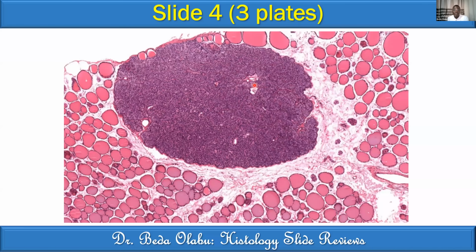So from this magnification, the thing that stands out first is that you can see a cluster of deeply staining cells organized in an ovoid pattern. That's one. And two, that ovoid cluster of deeply staining cells is adjacent to the thyroid gland, based on what you said in the previous slide.